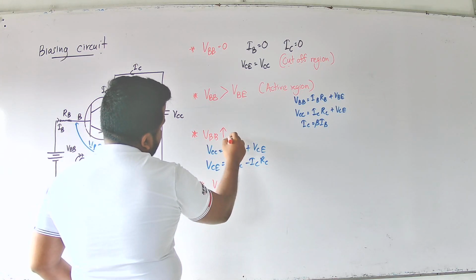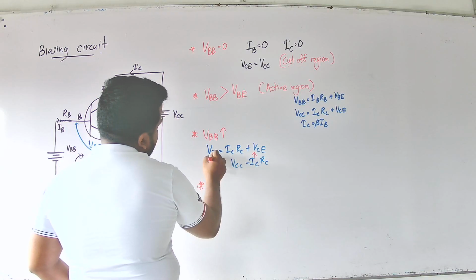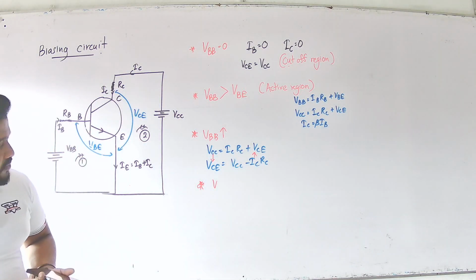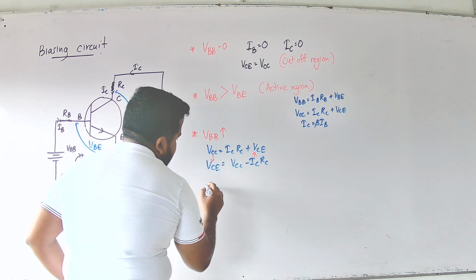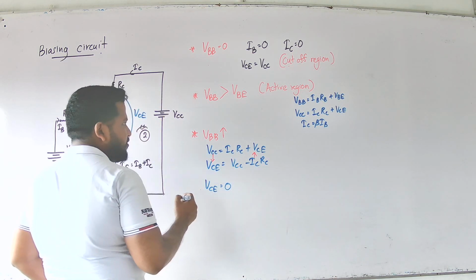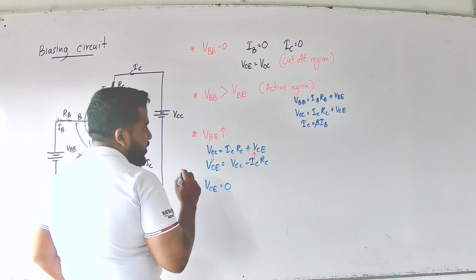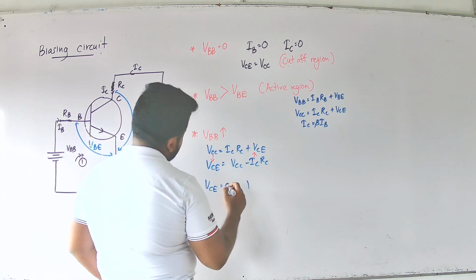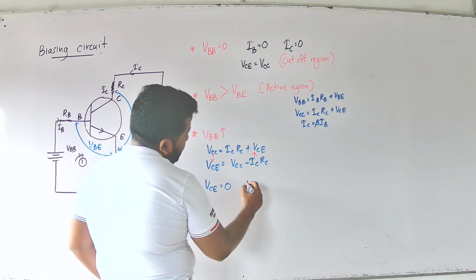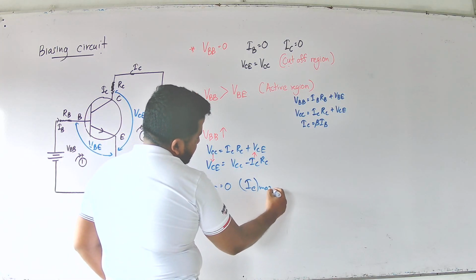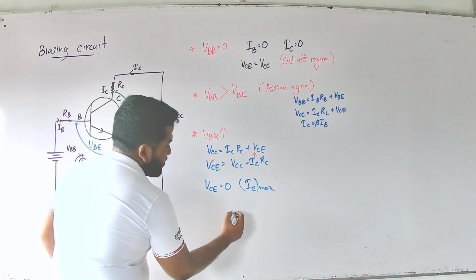The IC is also getting increased, so VCE is getting decreased. When VCE equals 0, IC is maximum. So what is the IC maximum?